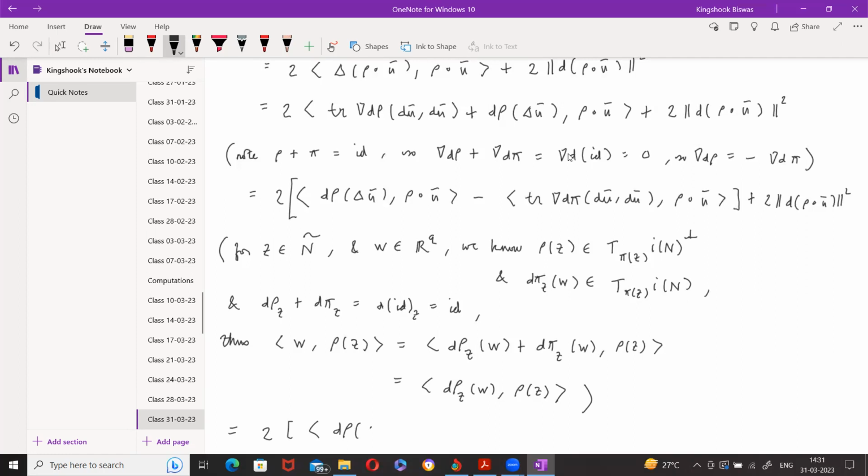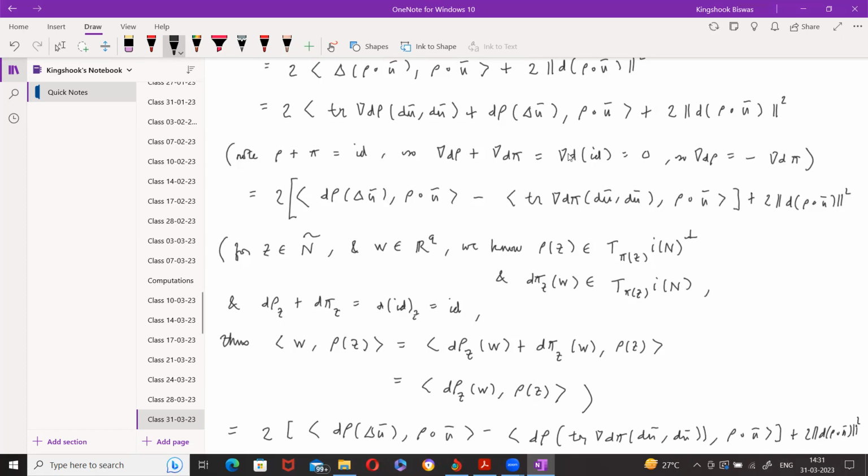I'll get Laplacian ū, ρ composed with ū, minus inner product of dρ of trace of ∇dπ(dū) with ρ composed with ū, plus twice norm dρ composed with ū squared.